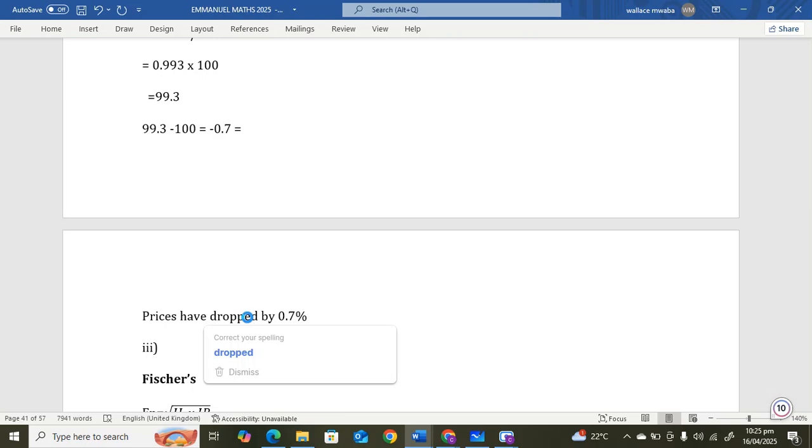Any questions, colleagues? Yes, it has dropped. Once you get any index number less than 100, that's a drop. Anything above 100, it's an increase.